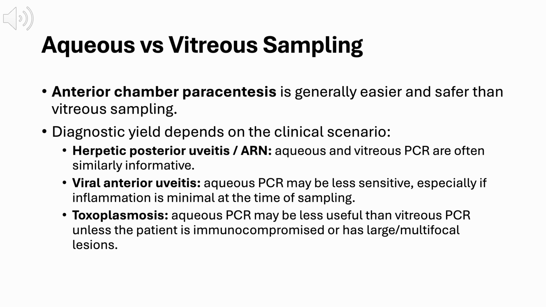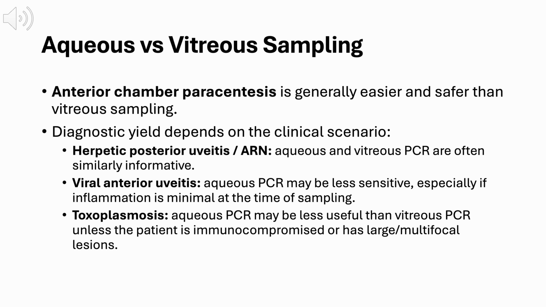Which fluid should you sample? Anterior chamber paracentesis is generally easier and safer than vitreous sampling, so it's often the first choice, but yield depends on the clinical scenario. In herpetic posterior uveitis or acute retinal necrosis, aqueous and vitreous PCR are often similarly informative, so the safer aqueous tap makes sense.